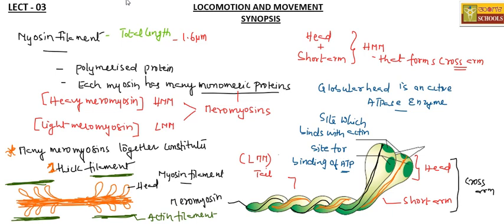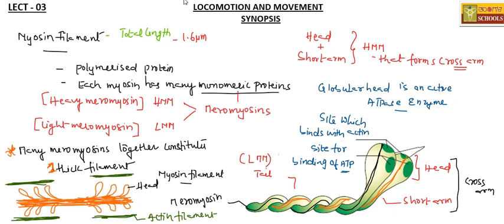Okay, now what if we take a transverse section through the AI band? How does it look? So the question here is, how many actin molecules surround the thick filament, that is a myosin filament? We'll see that also.